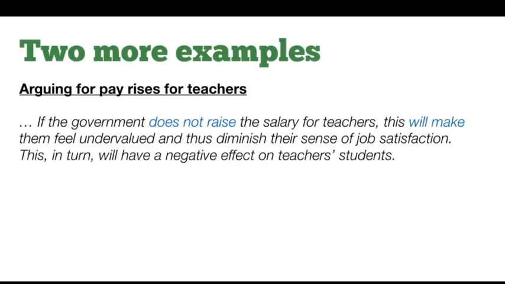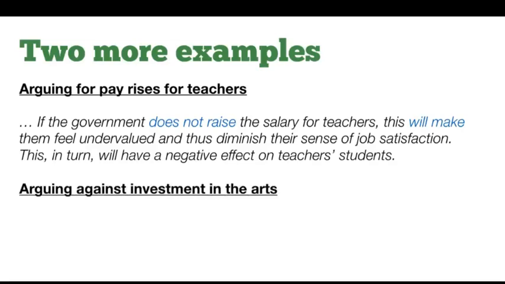Now let's look at a different one, arguing against investment in the arts. So in this paragraph, what we would have done is we would be supporting the idea that investment in the arts is bad. So we're looking at the negative result of investing in the arts. And so the alternative situation is where we look at the positive result of not investing in the arts. And you can see this here.